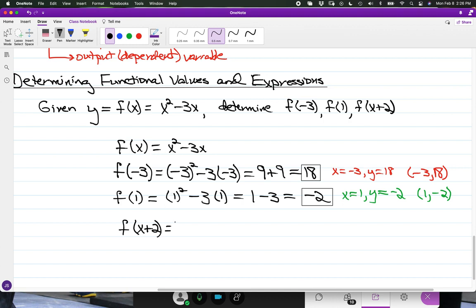So with the input at x plus 2, we'll be looking at taking the square of x plus 2 and having minus 3 times the quantity of x plus 2. So again, whatever's in parentheses, I'm going to square out and then take minus 3 times what was in parentheses.